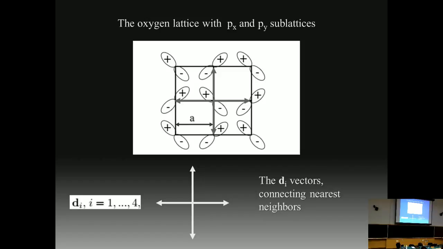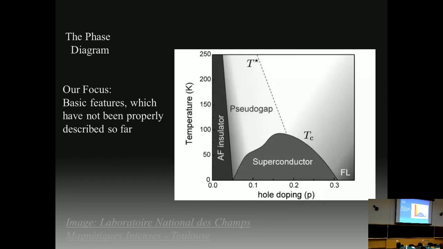There are 2 sublattices with px and py orbitals, and these are the 4 vectors that connect nearest neighbors in the 2 sublattices.